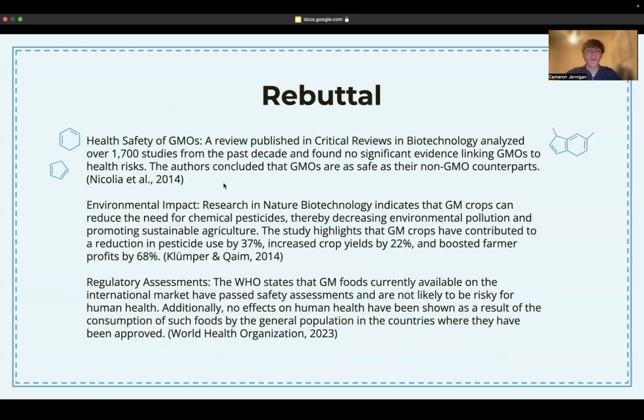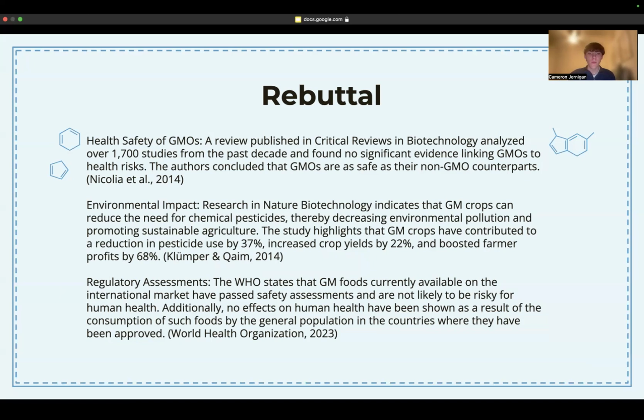However, as we said before, there are numerous studies from the past decades that have found no significant evidence linking GMOs to health risks. Also, research in Nature Biotechnology indicates that genetically modified crops can reduce the need for chemical pesticides, which eliminates the argument that chemical pesticides will harm the environment.